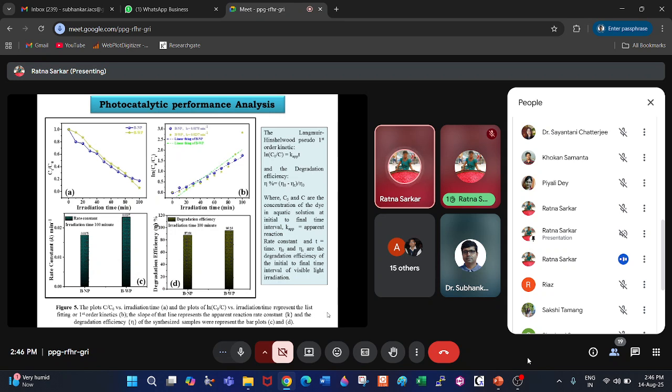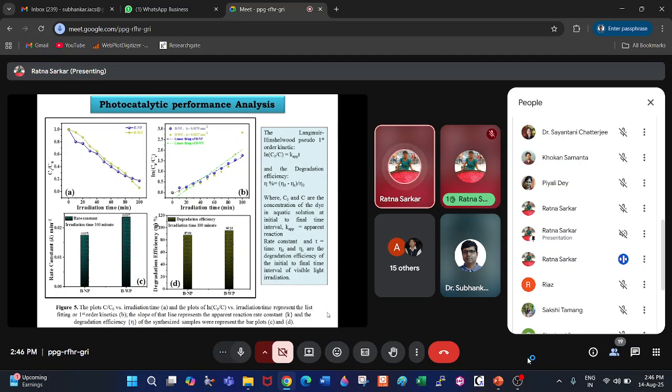And this is the catalytic analysis. Figure A shows Ct by C0 versus time, and figure B shows ln C0/Ct versus time. From these figures, we calculated the linear fitting for both samples, and from the calculation we get the rate constant for both samples.